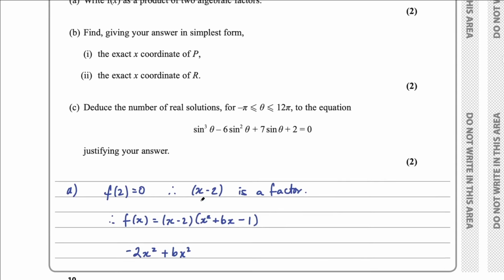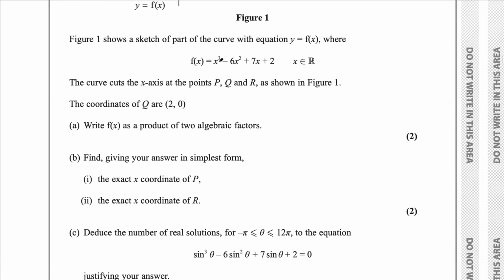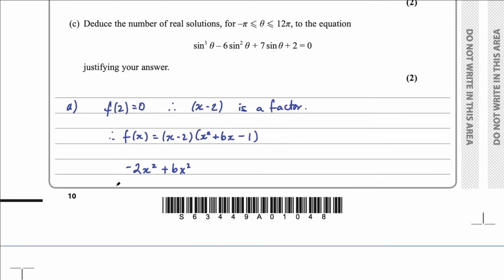In the original function, we have negative 6 as the coefficient of x squared. Once expanded, the coefficients would have to be equal, so negative 2 plus b equals negative 6. So b is equal to negative 6 plus 2, which is negative 4.